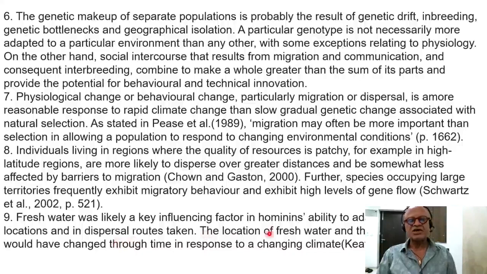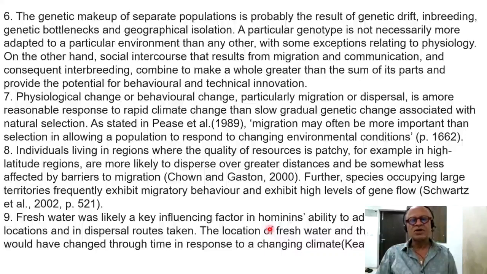Freshwater was likely a key influencing factor in hominins' ability to adapt to particular locations and in dispersal routes taken. The location of freshwater and the level of precipitation would have changed through time in response to a changing climate. So depending on how far back you go, monsoon was already in place during the time scales we are talking about, mostly during the Pliocene, Pleistocene.